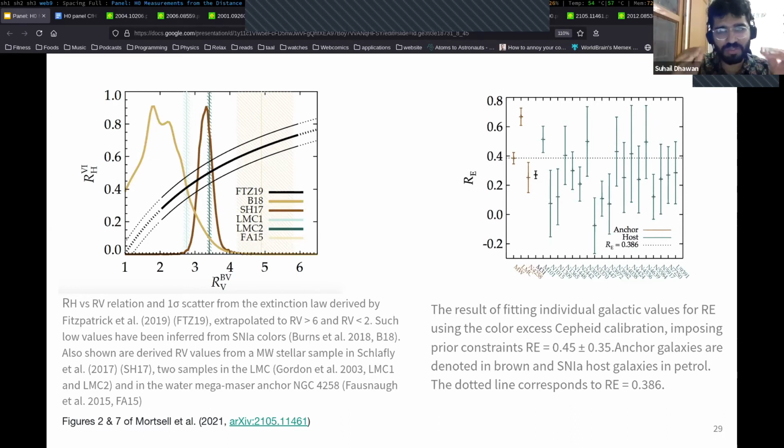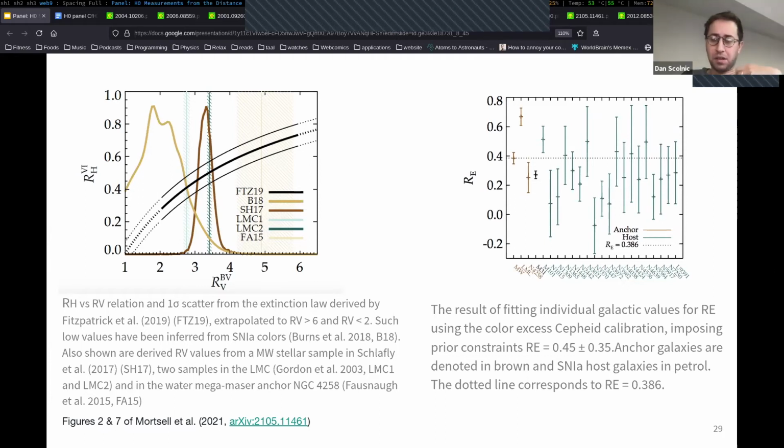Absolutely, I think this was just to see does it move, how much does it move, and what is the sensitivity. If you look at the left-hand side plot, the values that you take for the RE medians are seen in, say, the Fitzpatrick 2019 galactic law. So seeing an RE of 0.1 is not unheard of, right?